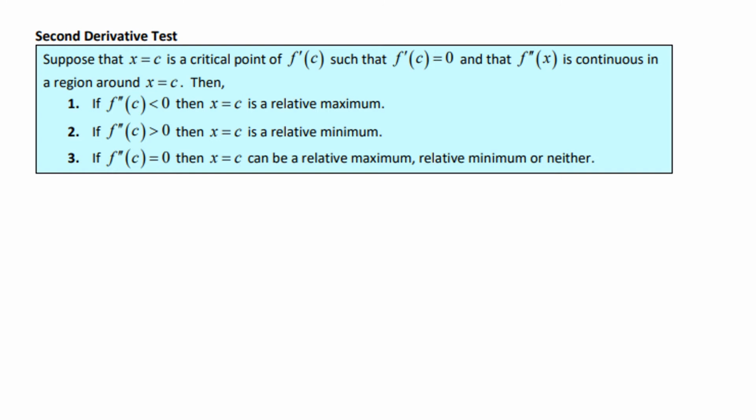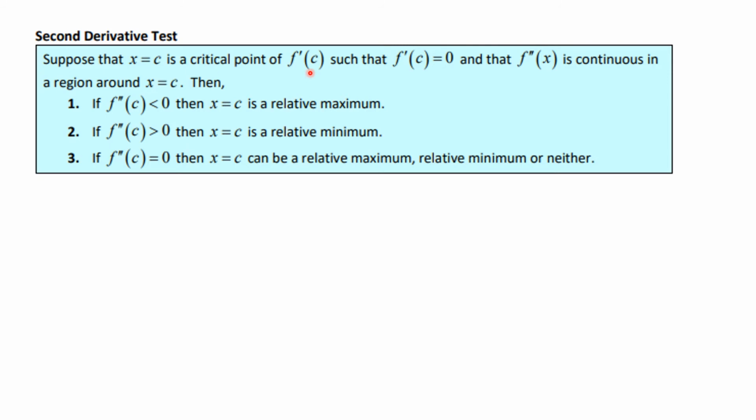Suppose c is a critical point of f of x such that f prime at c equals 0. I really don't like the way that's written, but this is a place where f prime of c is equal to 0, and so it is a critical point, and that f double prime is continuous in the region.